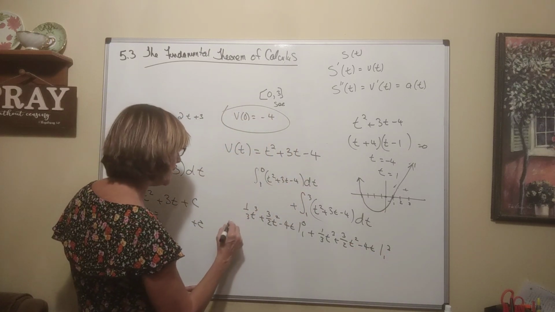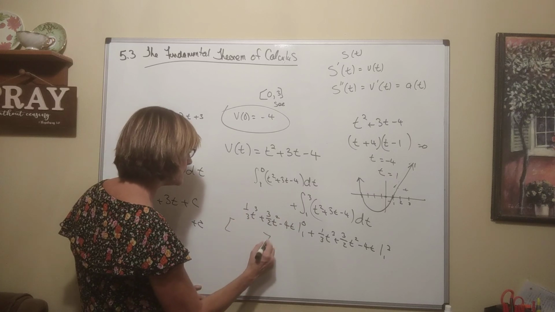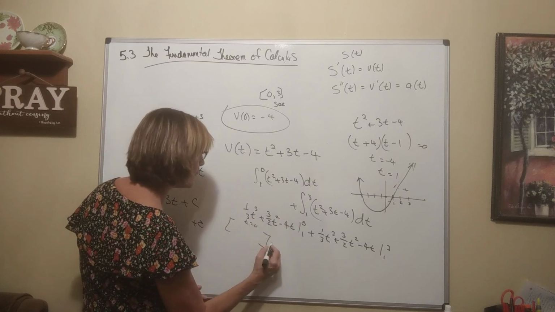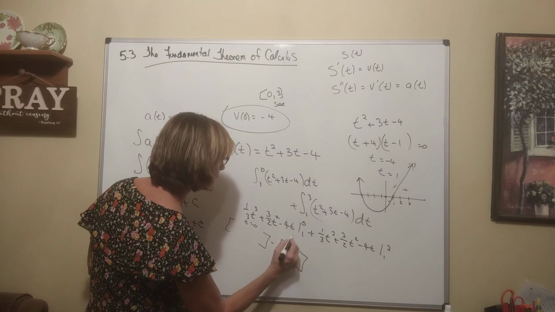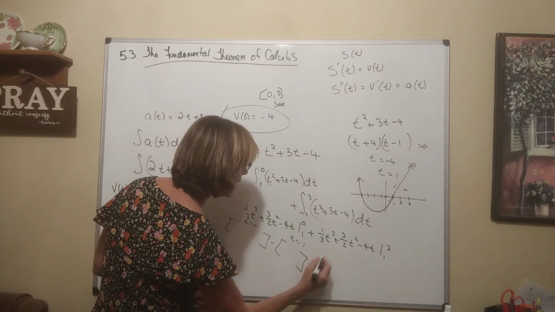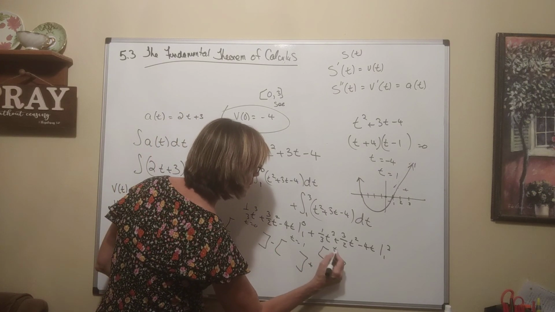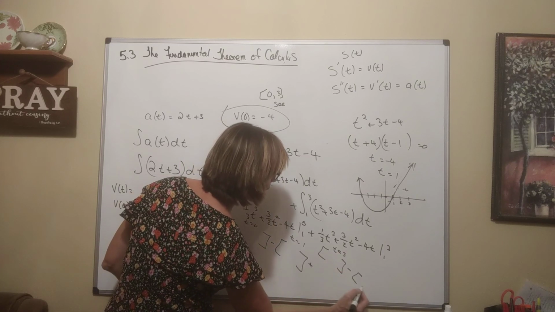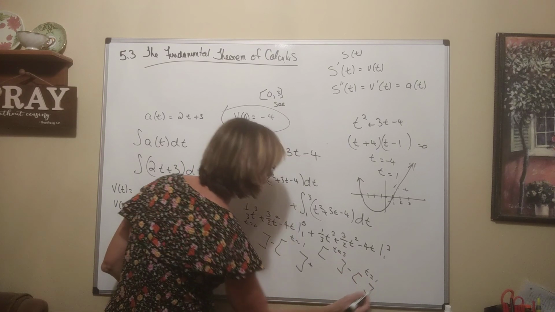We will plug in all of our numbers where t is 0, and we will subtract all of our numbers where t is 1, and then we'll add this to all of our numbers where t is 3, and then we will subtract all of our numbers where t is 1.